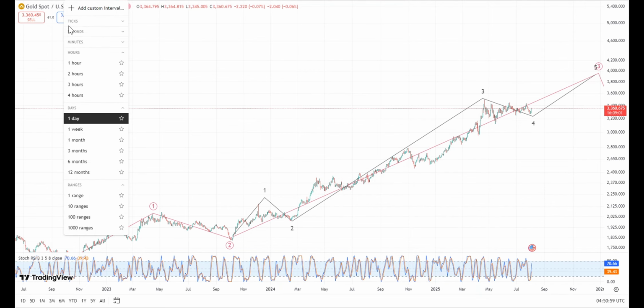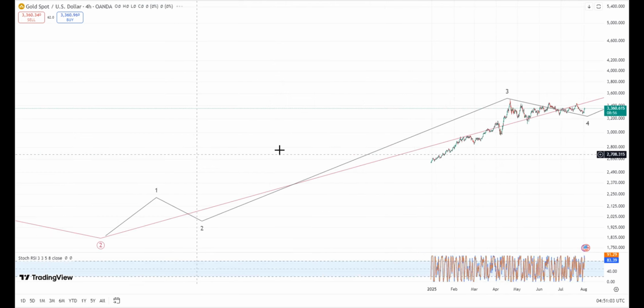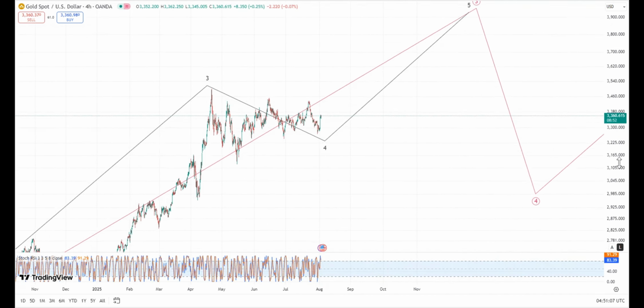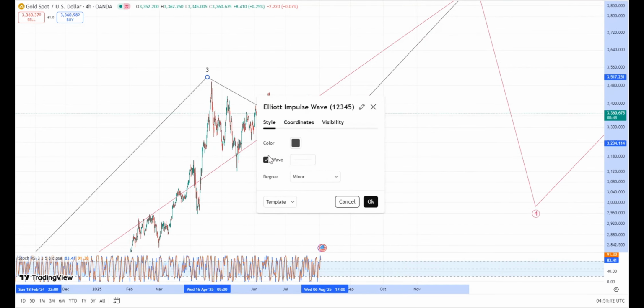So let's quickly go to the 4-hourly time frame and talk about the current. Let's make our chart clean now by taking this off.